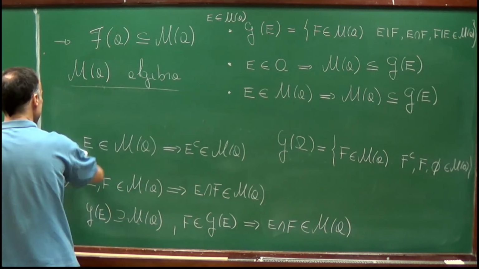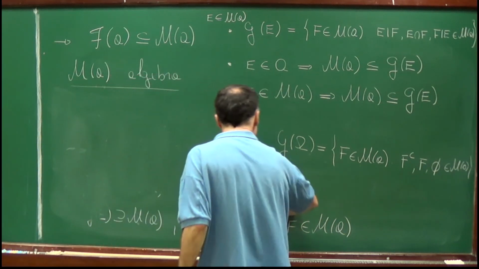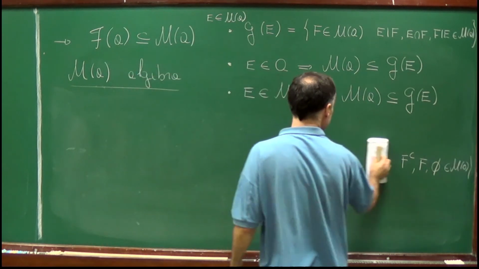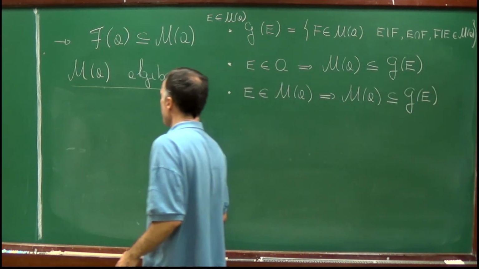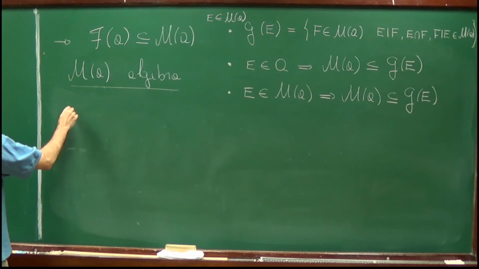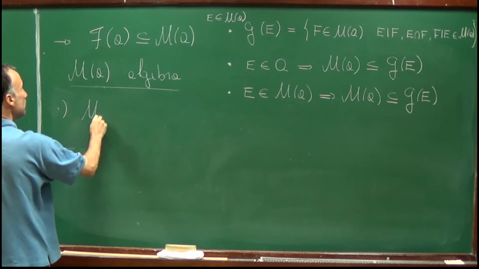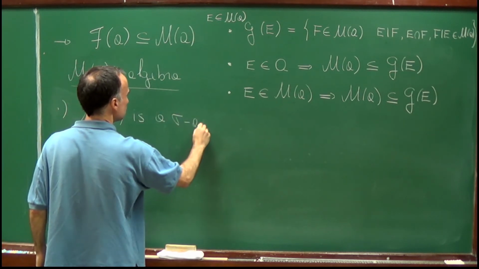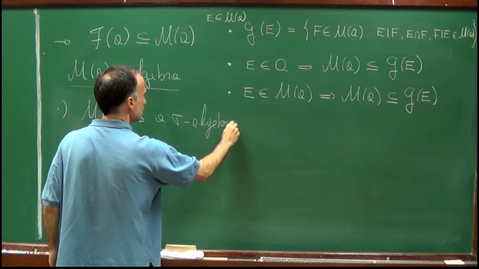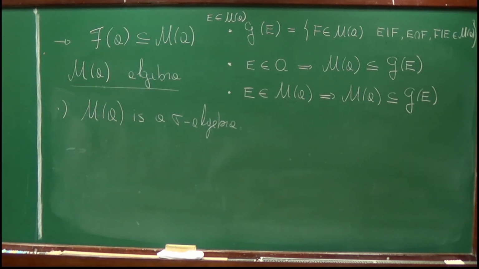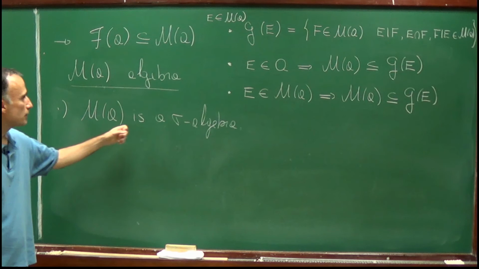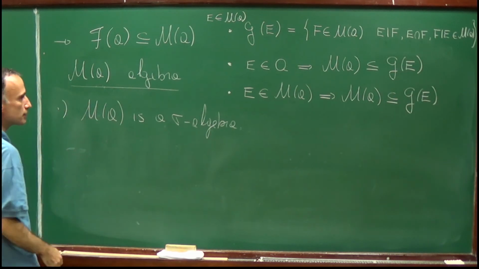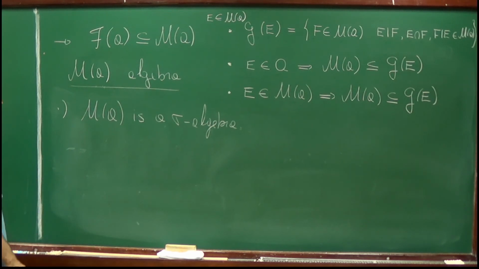So now that we proved this claim, it's very easy to conclude that M of A is indeed a sigma algebra. So now we finally claim that M of A is a sigma algebra. Right? Well, we proved that it's an algebra, so to show that it's a sigma algebra, we have to show that M of A is closed by countable unions.